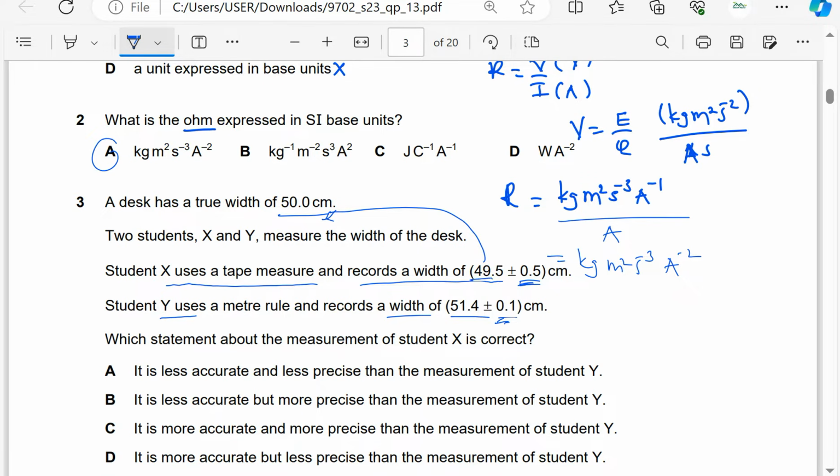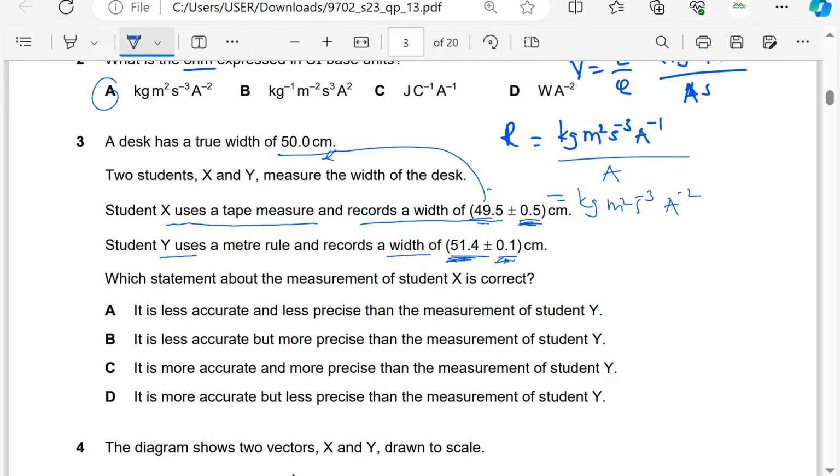So this is more accurate but less precise. This is more precise. This is less accurate but more precise. Which statement about the measurement of student X is correct? It is less accurate. That is not true.